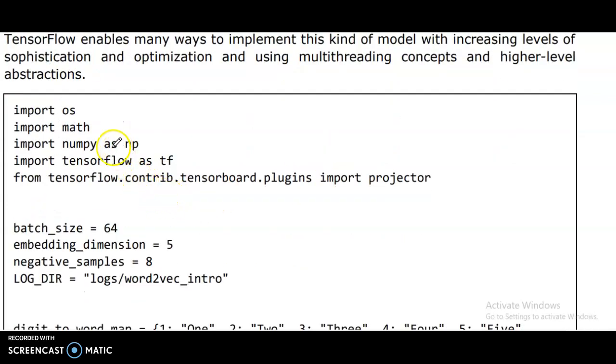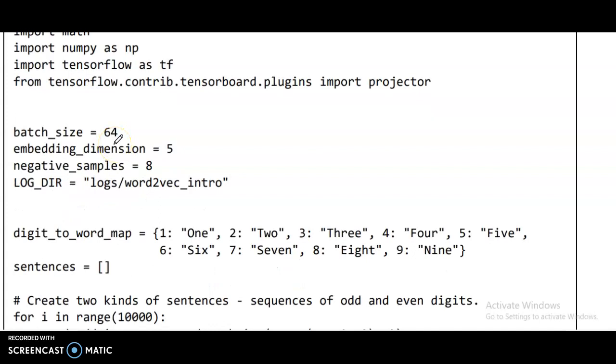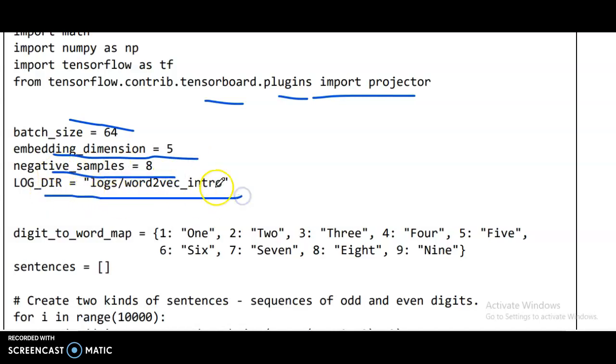Import os, import math, import numpy as np, import tensorflow as tf, from tensorflow.contrib.tensorboard.plugins import projector, batch size 64, embedding dimension 5, negative 78, log directory log word vector.